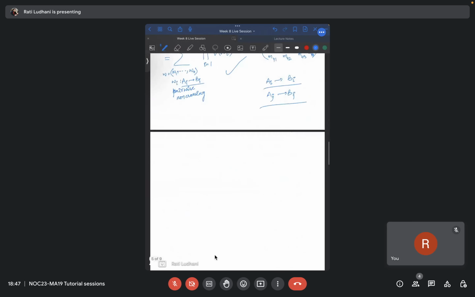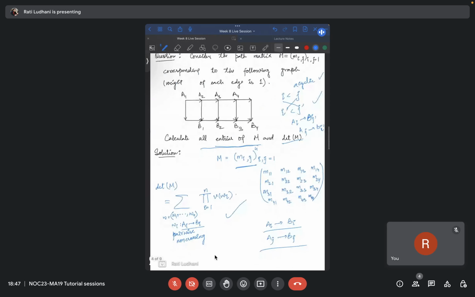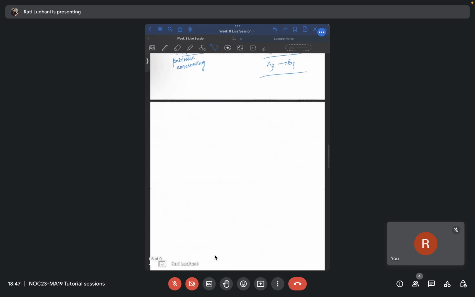Okay, so let's see. This is the path, so I'll just copy this. This is the network. So what do we have now? Now what you need is M11.